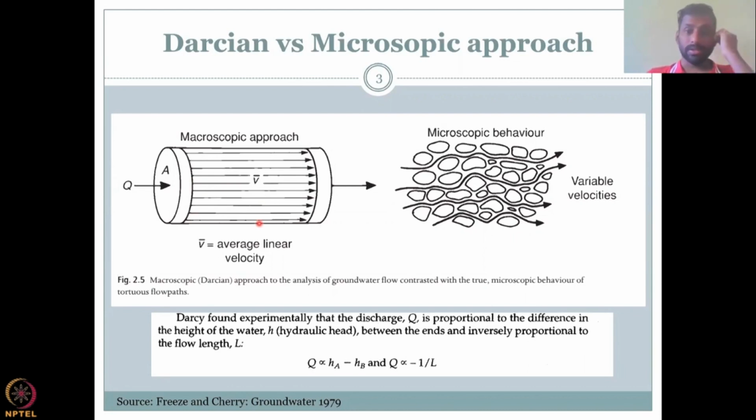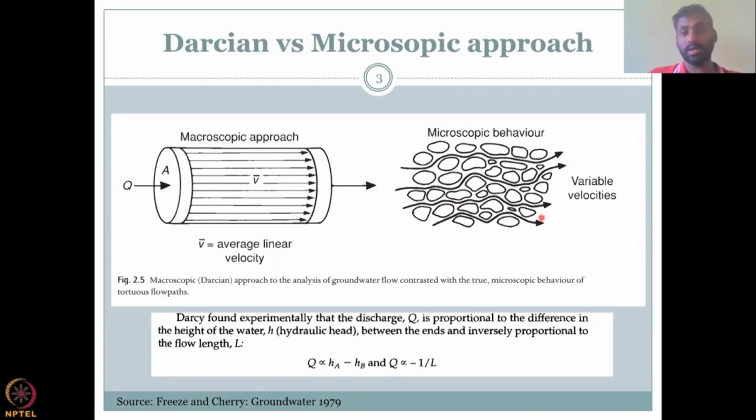But in the real world, which is the microscopic view you see on the right-hand side, the water doesn't go in a straight line, as we see here in the macroscopic view, and water would go in variable velocities along the soil medium. This is because of the heterogeneous composition and arrangement of the soil particles.